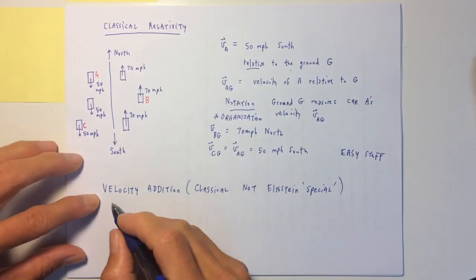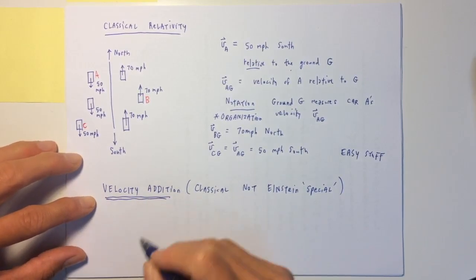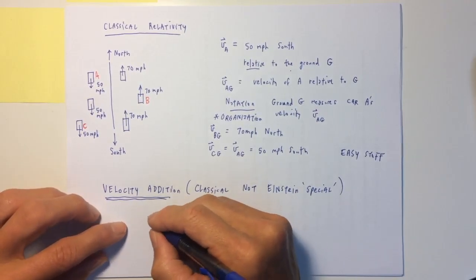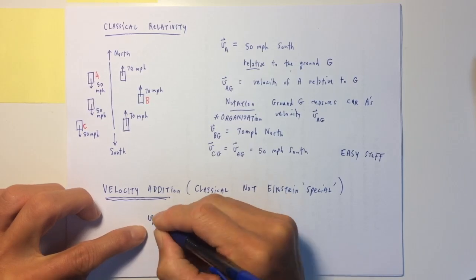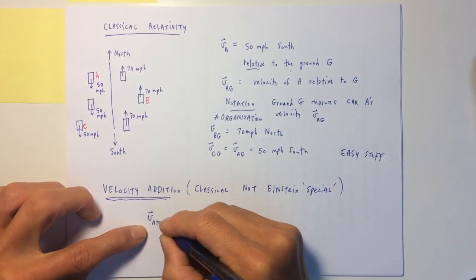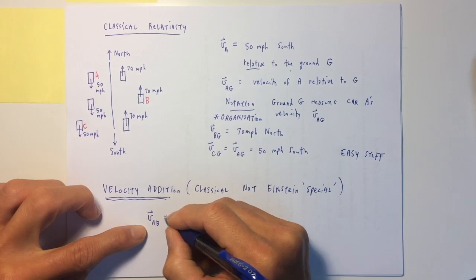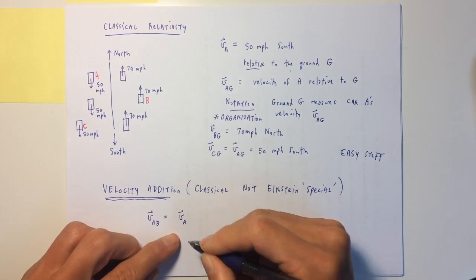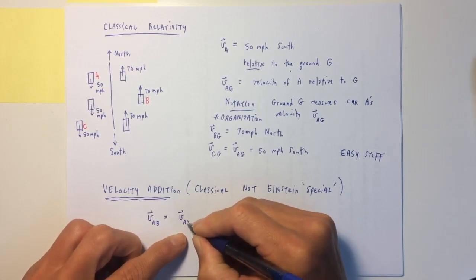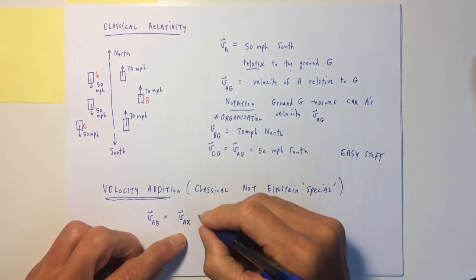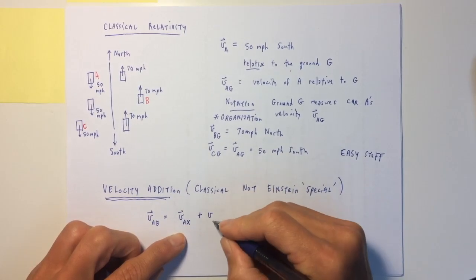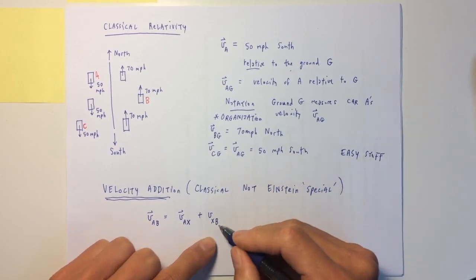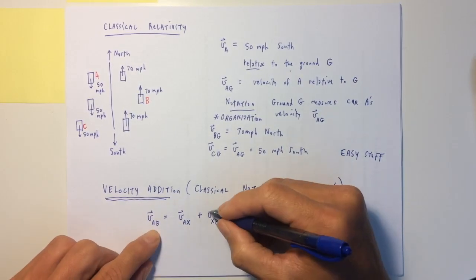But anyhow, velocity addition comes with a formula, and I'll write it this way. The velocity of object A relative to object B is equal to, and this is pretty cool, the velocity of object A with respect to some third object x plus the velocity of the object x relative to the object B that's mentioned over here.